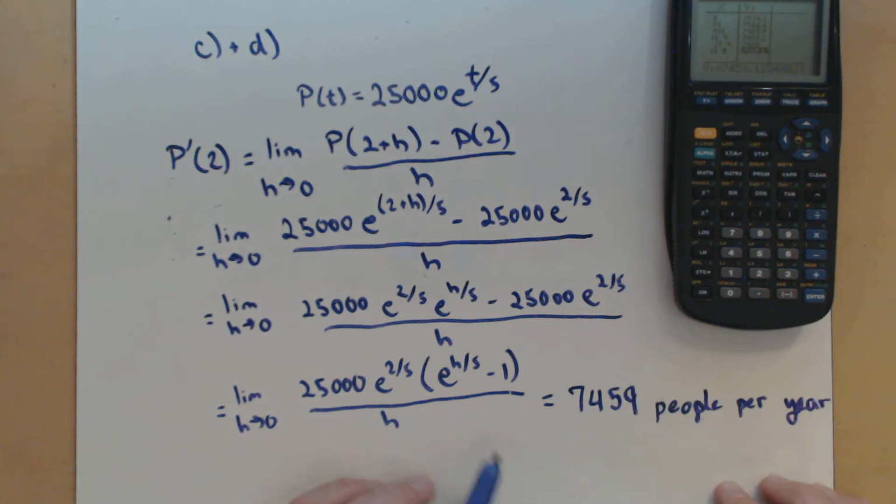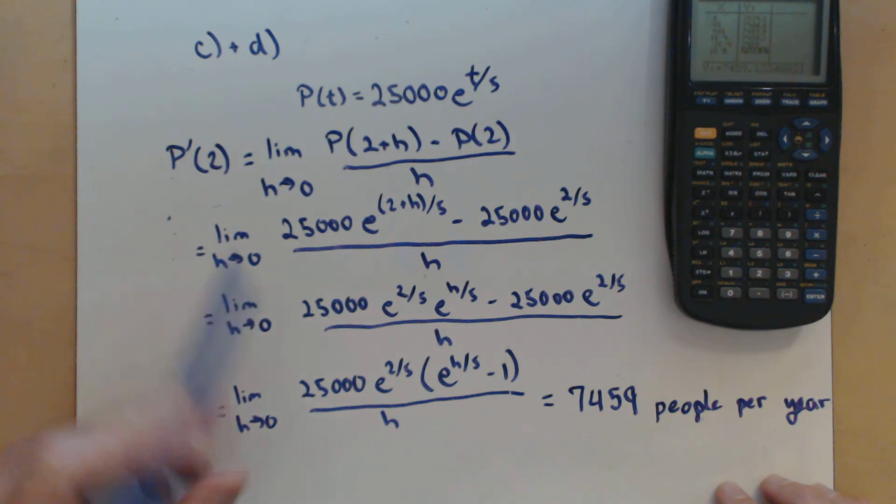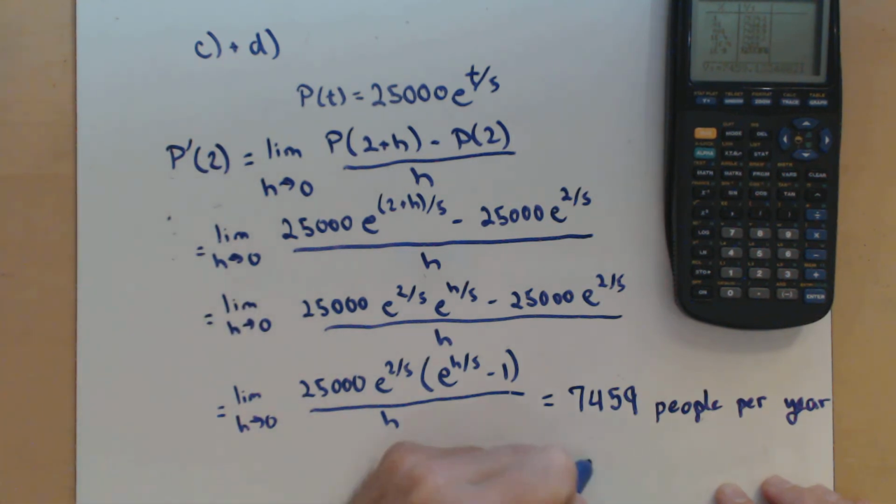So now if we wanted to state a sentence, well, 2 is 2 decades after 2010. So the year that this is happening is 2030. So in the year 2030, the population is increasing by 7,459 people per year.